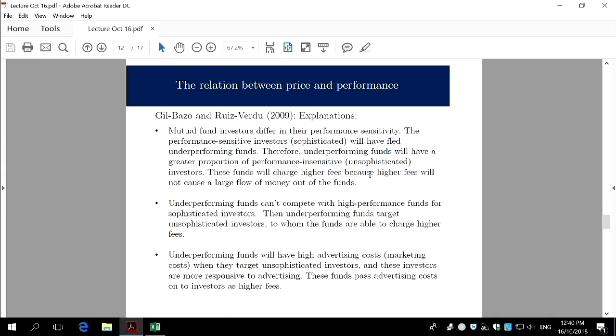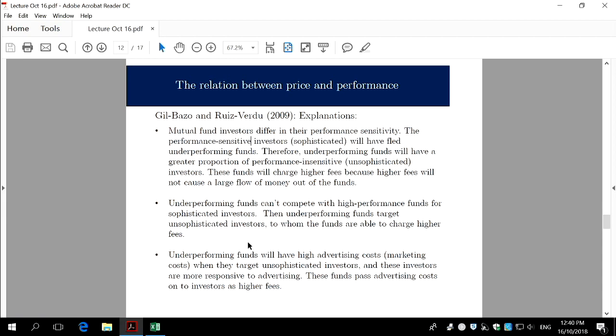They could increase the fee a little bit, but because those investors are not smart enough, not sophisticated, they still don't flee away. So this is like you have some customers who are not smart, they are dumb. Then you can cheat them by charging higher fees. They don't know, they still stay with you. So this is a story like that.